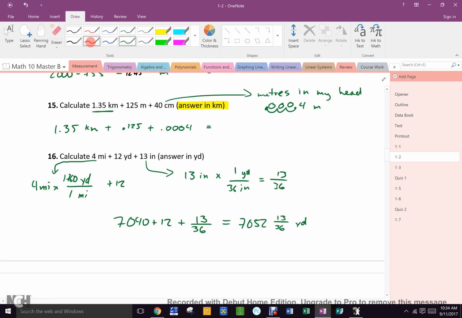So could I also write 7,052 yards, 1 foot, which covers 12 of my 13 inches. How many inches did I need to cover? 13. So what was my remainder? 1 inch. Does everybody see that?